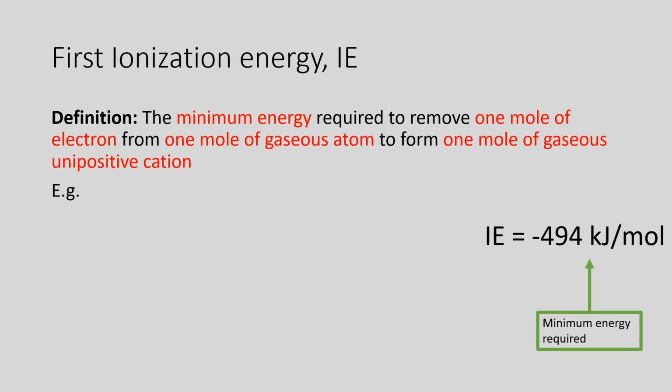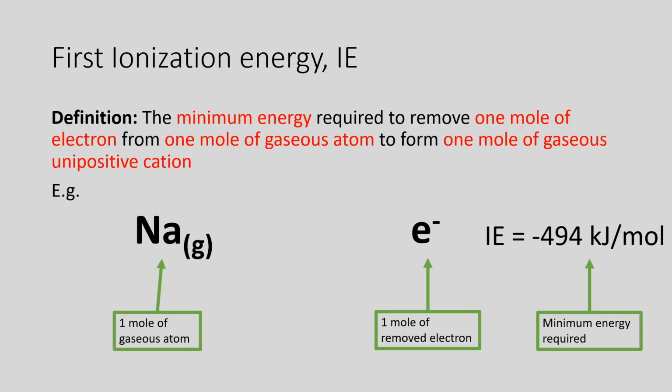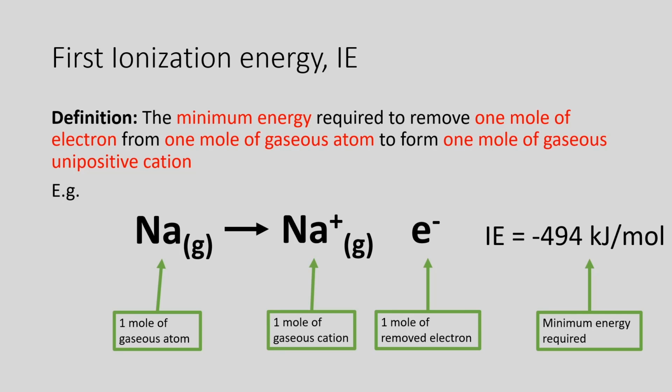Awak tak suka tengok dia orang sekali. So berapa banyak energi paling sikit awak nak bagi dekat sistem tu untuk remove 1 mole of electron daripada 1 mole of gaseous atom is always have to be gas. Sebab kalau solid, you tak boleh nak tarik elektron. Solid, the attraction is too strong. Untuk awak jadikan dia ions.